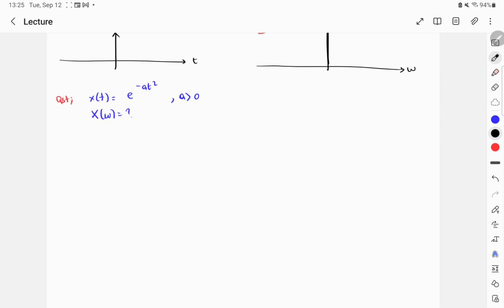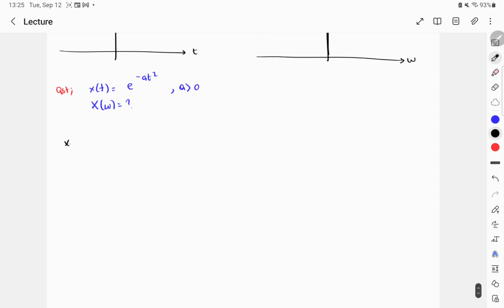Our first step is to check if the integral converges. The absolute value of the integral needs to converge in order for us to use our previously given formula. All right. So the first thing that we are doing is checking if our signal is converging.